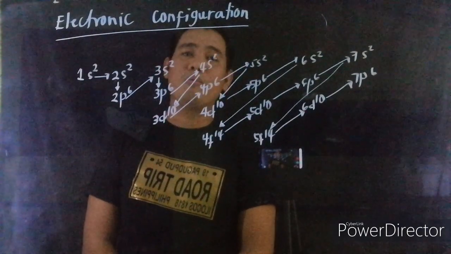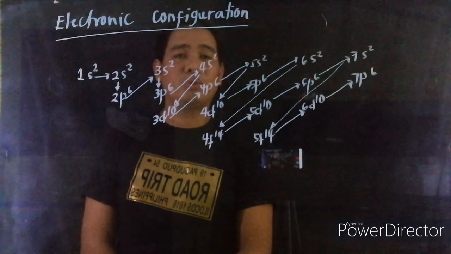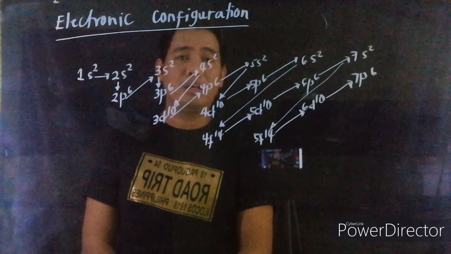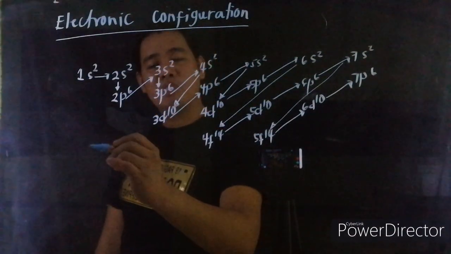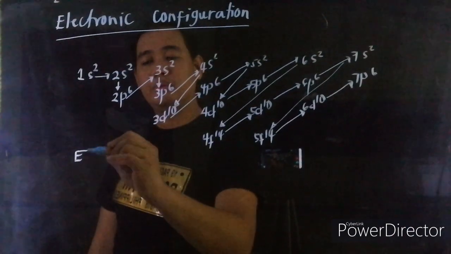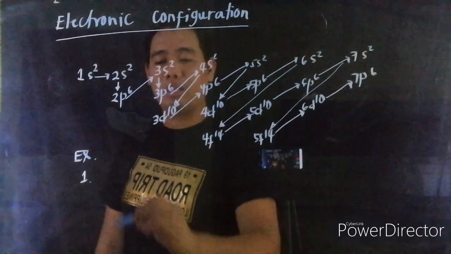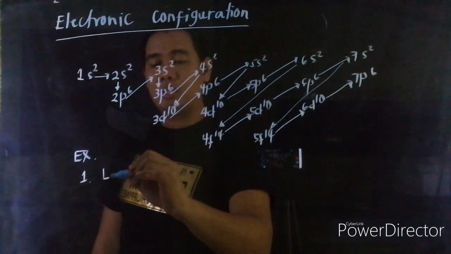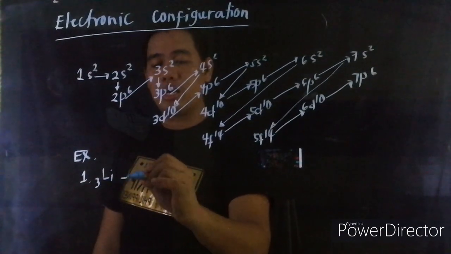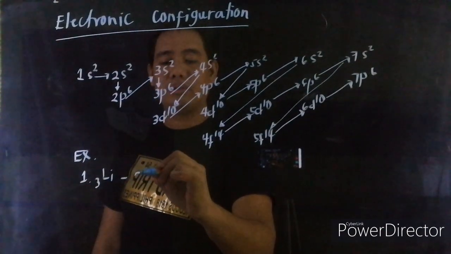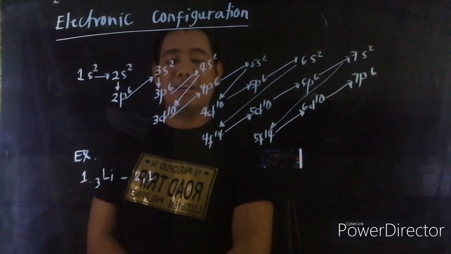Okay? Now, I taught you how to do the main energy a while ago. So we can also use that knowledge in doing the electronic configuration of a given element. Okay? So let's have an example. We will use the example from a while ago: lithium, so that is 3. So we have 2 and 1 for the main energy.